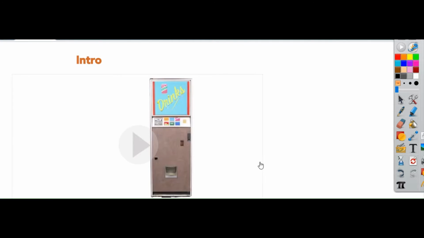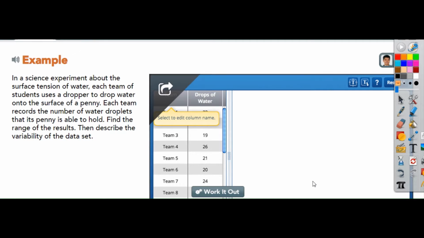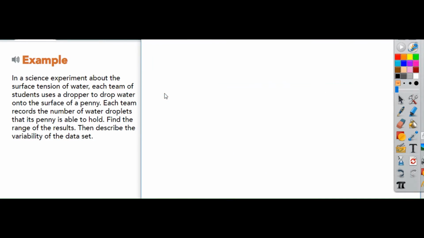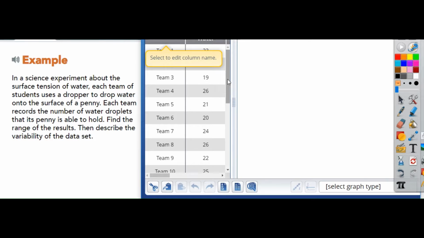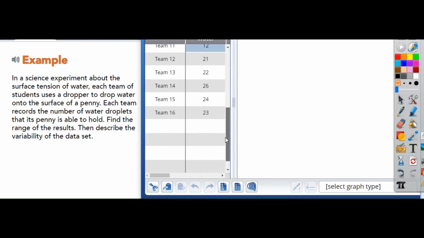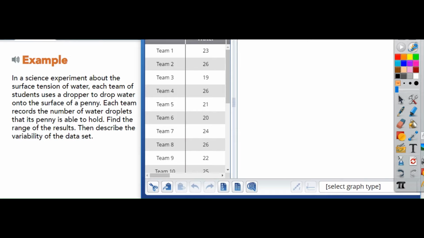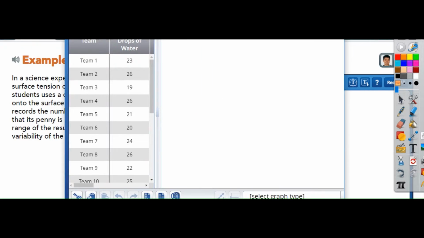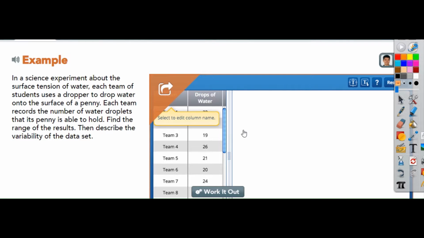And then we have this last part. So we have a science experiment and they want us to find the range. So here is the data set right here. So we've seen the data set. Now we have to find the range and we have to describe the variability of the data set.